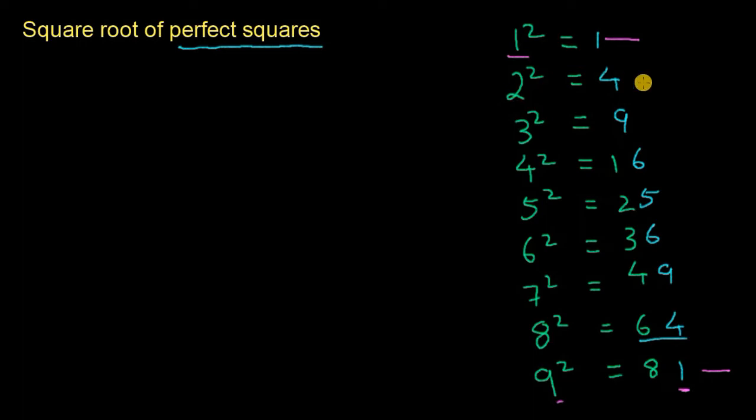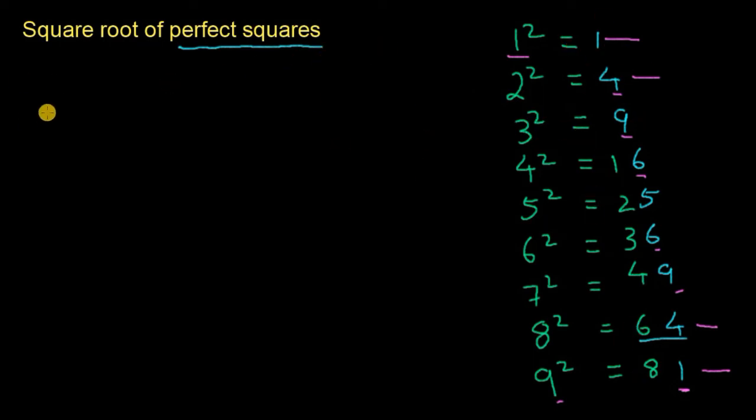If you see 2 squared and 8 squared, the last digit of their square also ends in the same number, that is 4. 3 and 7, they both end in 9. 4 and 6, they both end in 6. But 5 is alone, and any perfect square which ends with 5 will be to our advantage. We'll see why that is so in the later part of the video. So let us begin. You just need to remember this part.